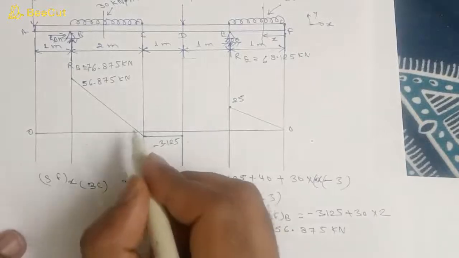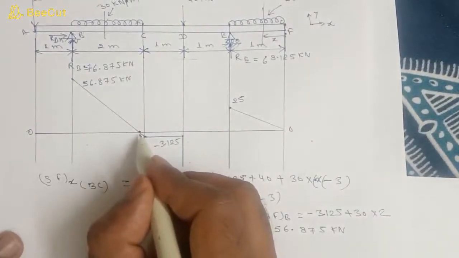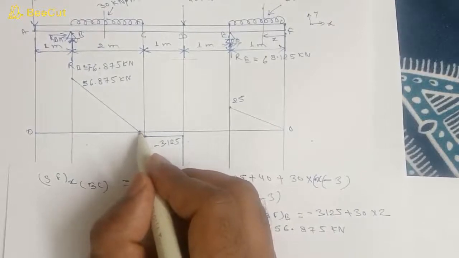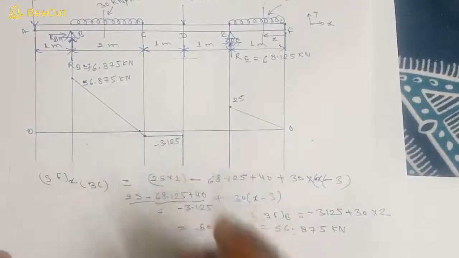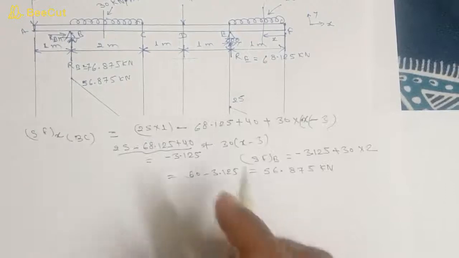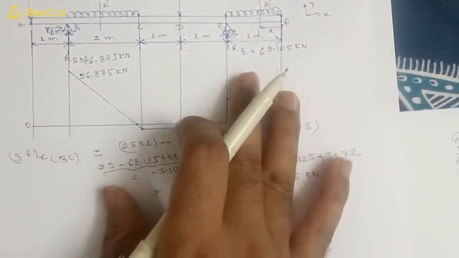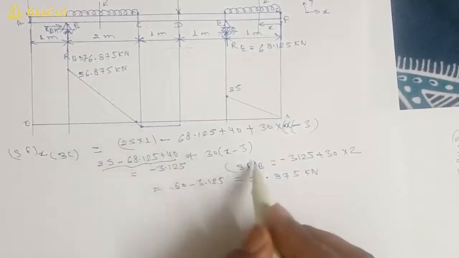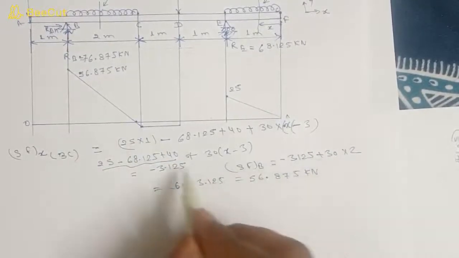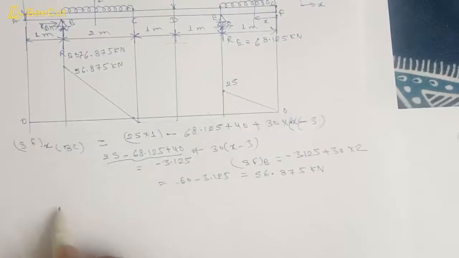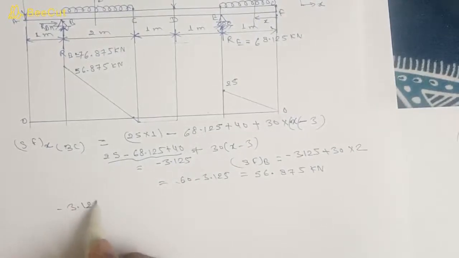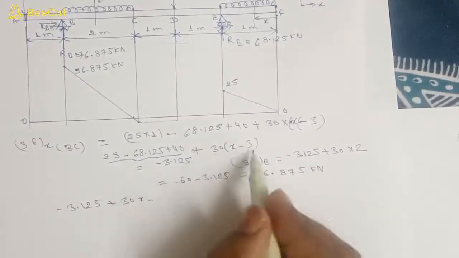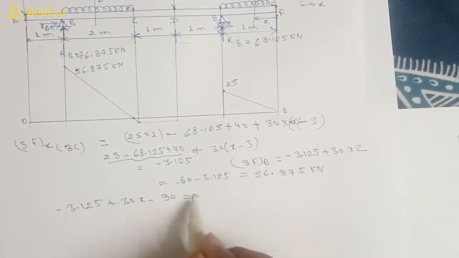Now shear force is becoming 0 somewhere here, so bending moment will be maximum at this point. So we will calculate this point. How to calculate the point where it is becoming 0? Here shear force is 0, so we will equate shear force equal to 0. So shear force is minus 3.125 plus 30x minus 30 into 3, that is 90, equal to 0.